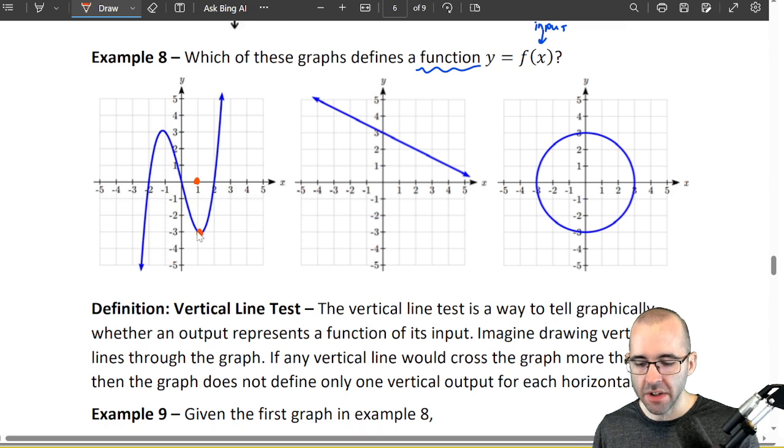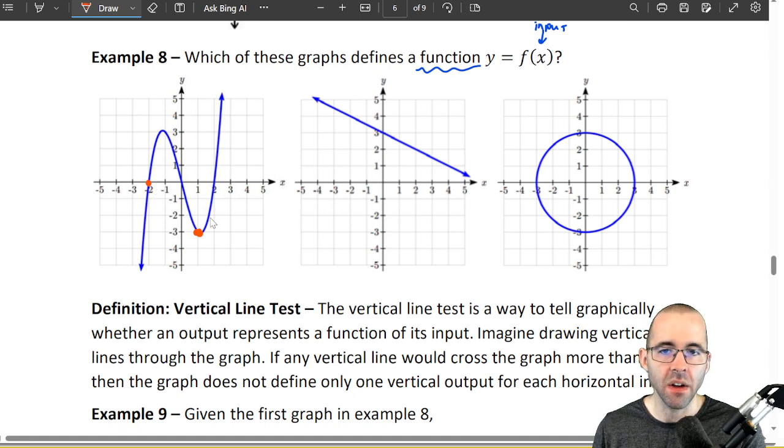Oh, there's only one output with an input of 1. Look at -2, right? Look all the way up and all the way down. How many times is there a point on the graph with an output for that input of -2? Well, only one. This is the only point on the graph with an x value of -2.